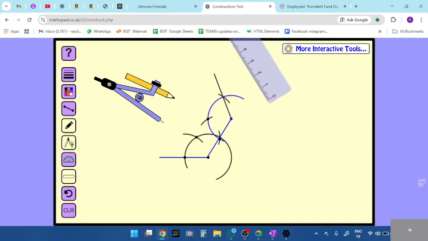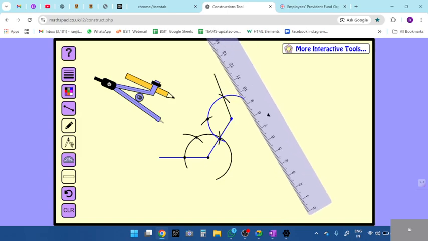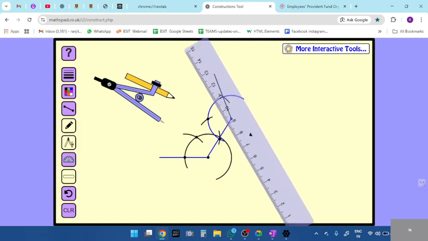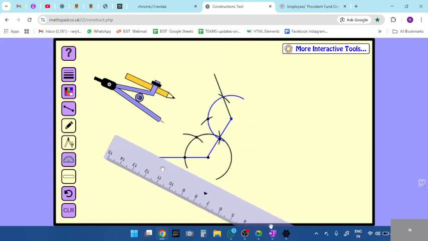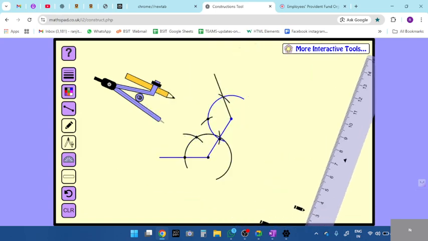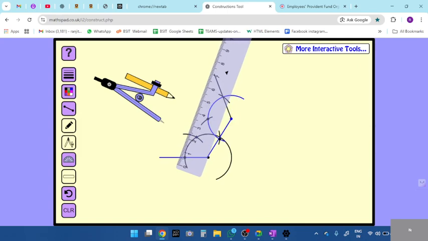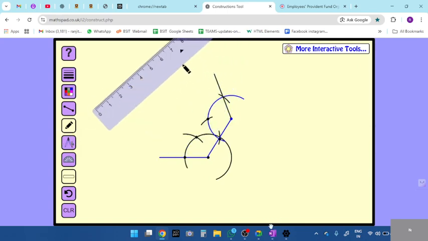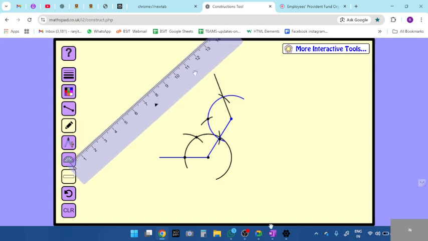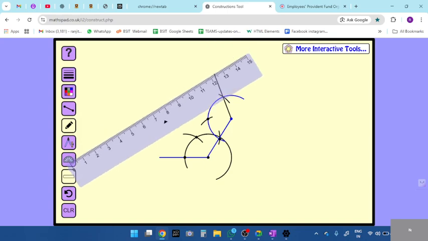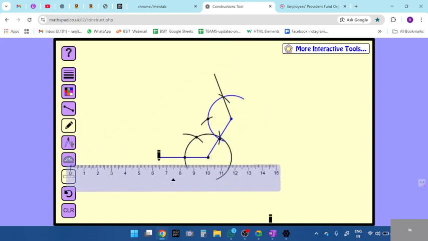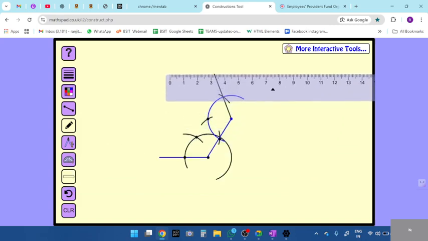From there, what's the straight angle? Isn't it 3.5? Look here. For this, we don't need angle. Just take 3.5 straight line. 3.5.